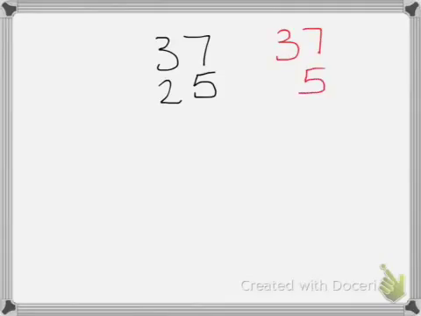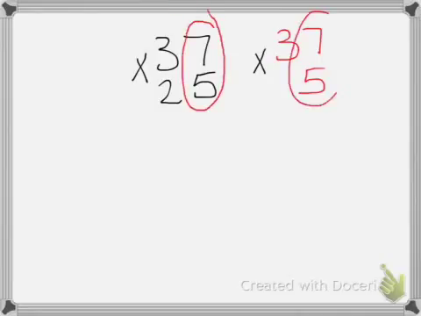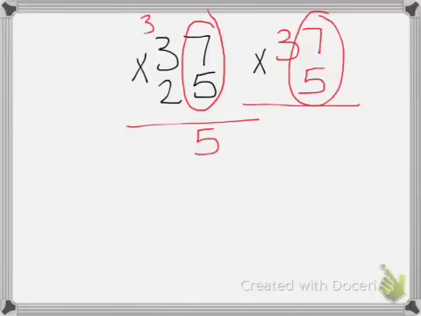That's my first step. As always, the ones first. I forgot my multiplication symbol. So 7 times 5, which is 35, so I have 5 ones and 3 tens.